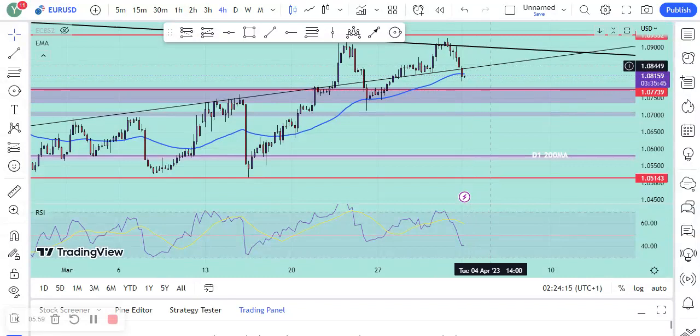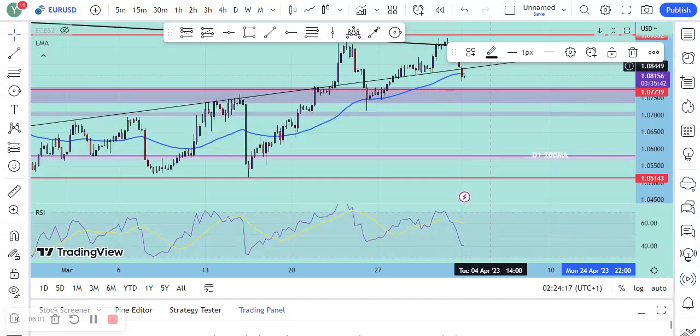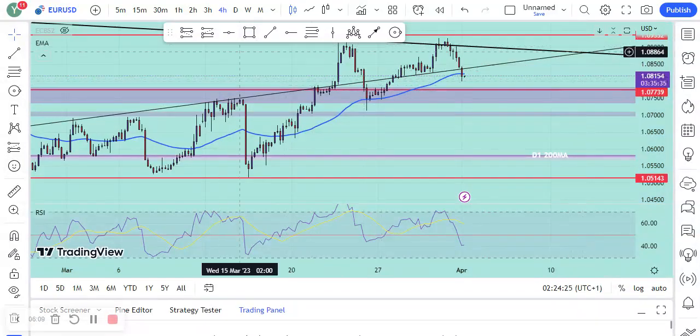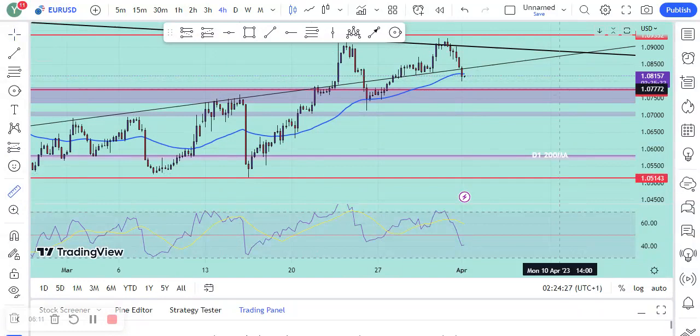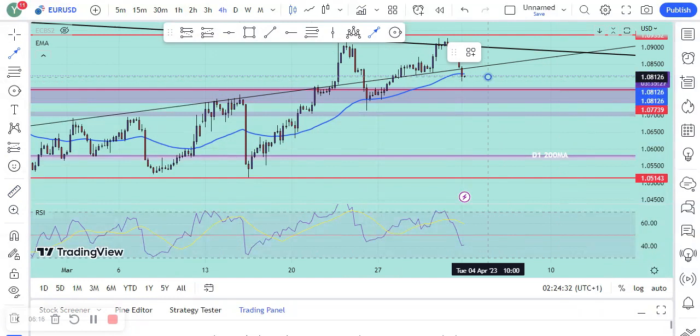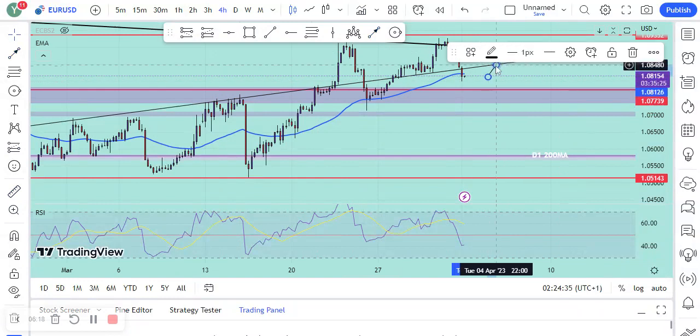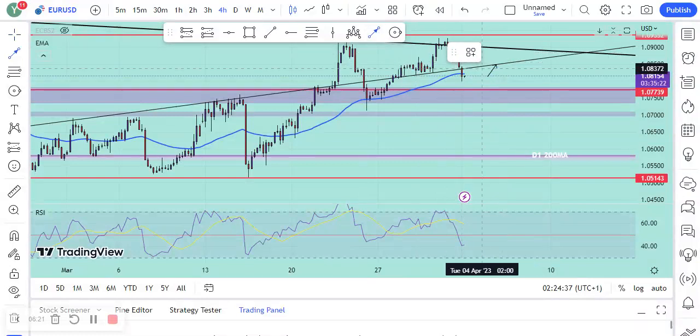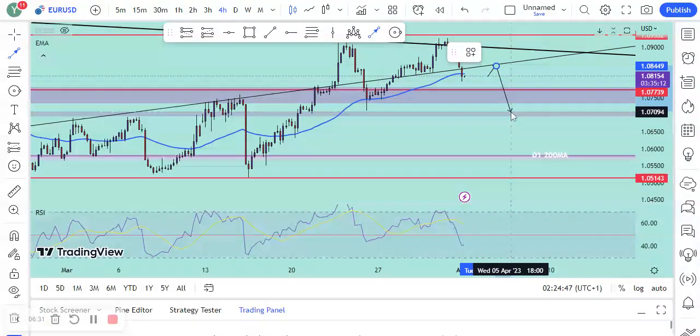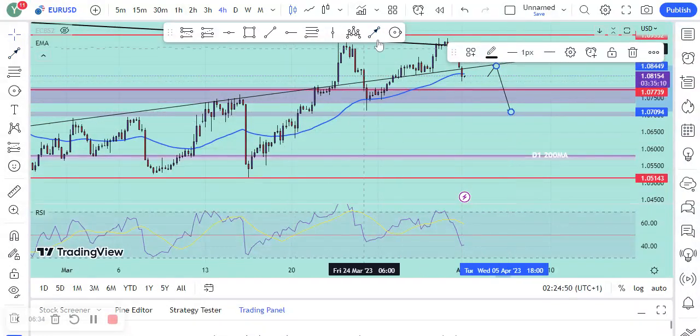If this trend line holds price as a resistance trend line and price finds it unable to break it, then we should expect price to come down to give us something of this shape. Then it will come first to the neckline at the 4 hour time frame, which is the lower time frame.